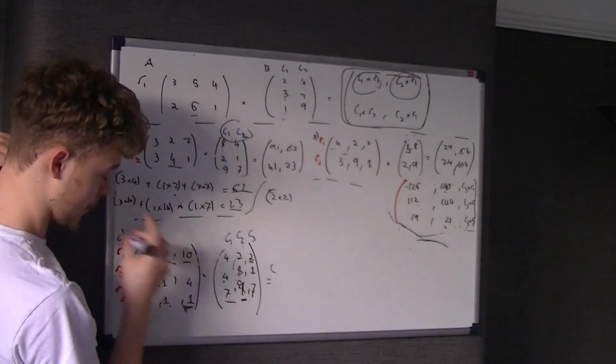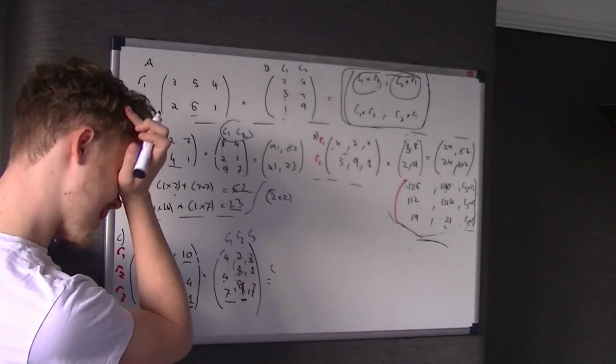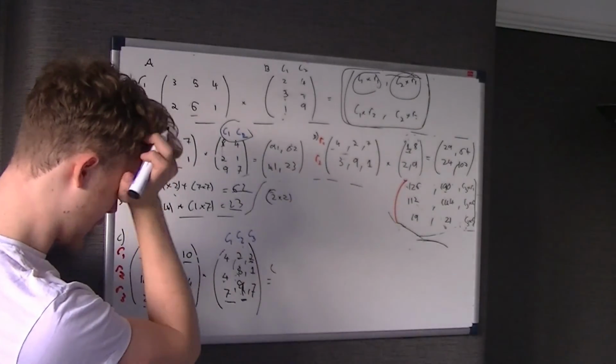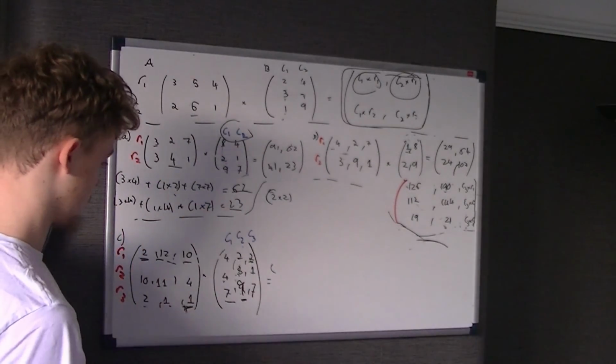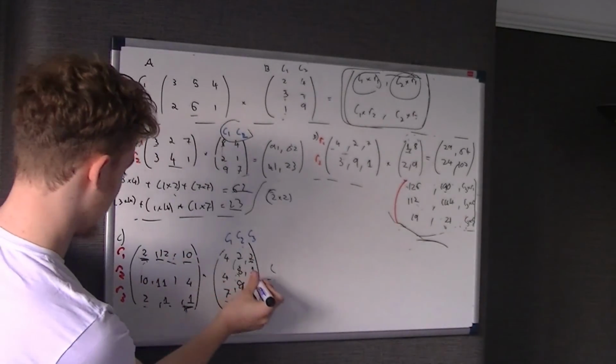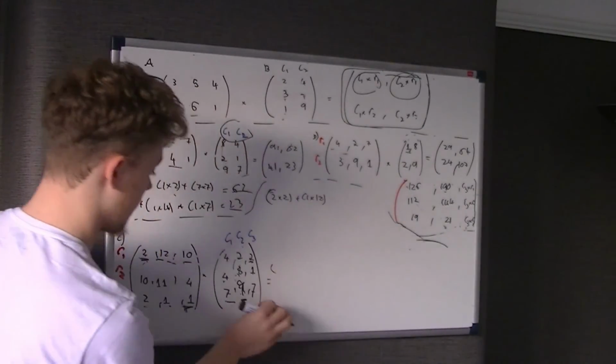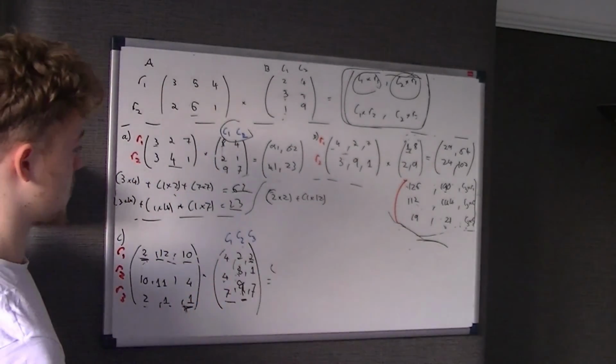When I say rows, I'm mostly referring to the first matrix and columns to the second matrix, but obviously both have columns and rows, just to confuse you. Anyway, it's 2 times 2 plus 1 times 12 plus 7 times 10.